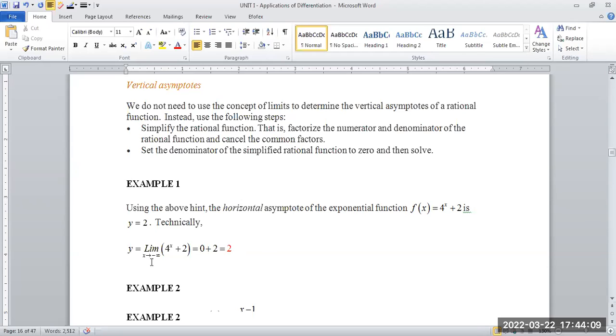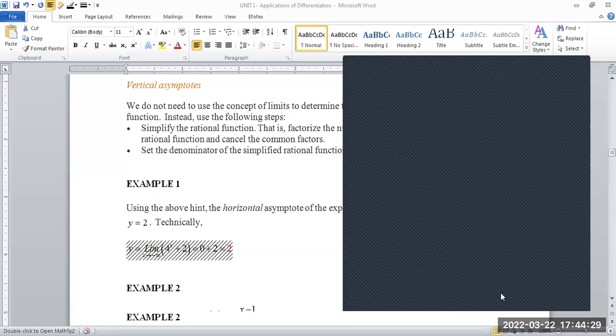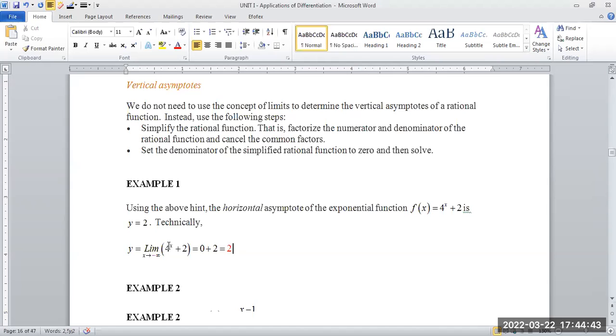Now, as x tends to negative infinity, not positive infinity, but negative infinity, this 4 raised to the x power is going to go to 0, so I'm left with 2.